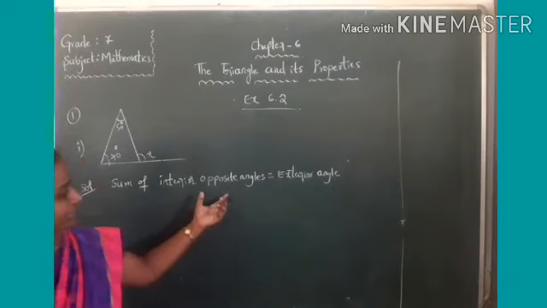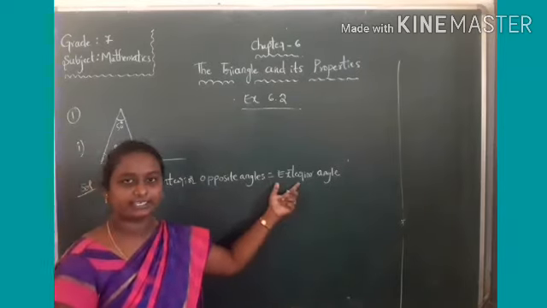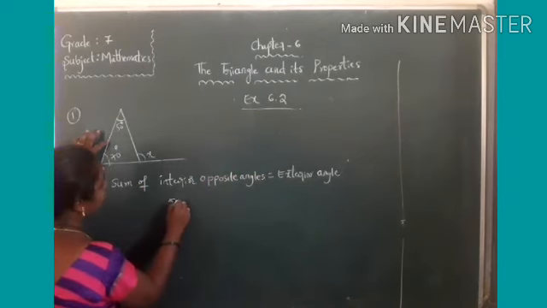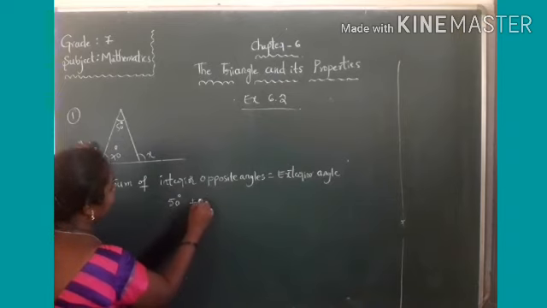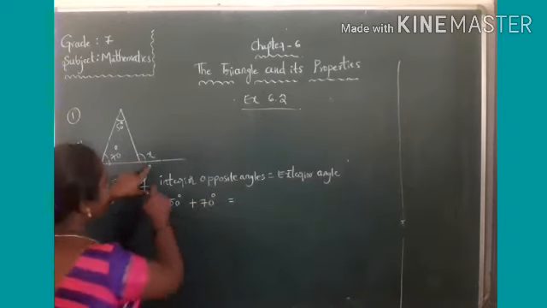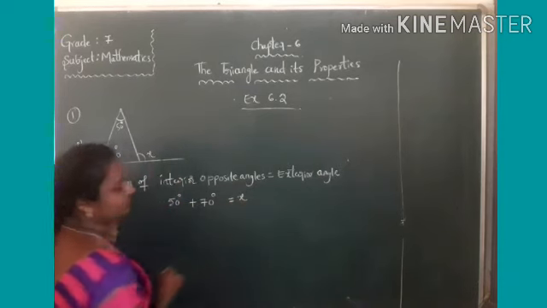So the two interior angles are 50 degrees plus 70 degrees, equal to the exterior angle we don't know. Here he has given x.